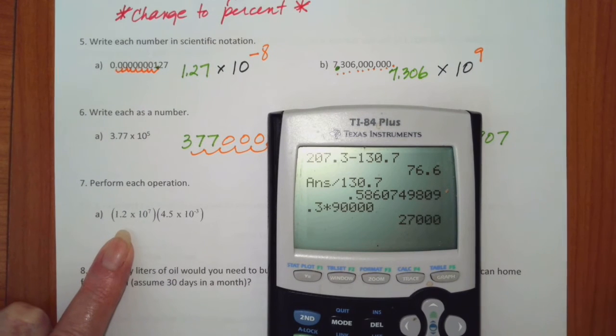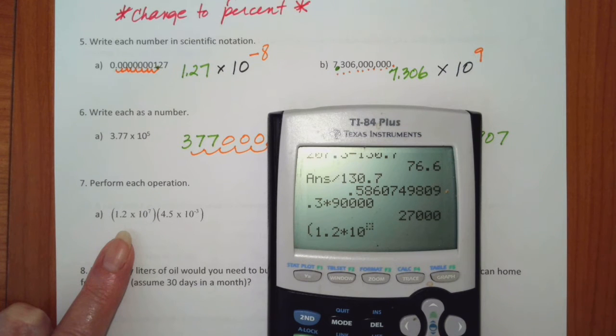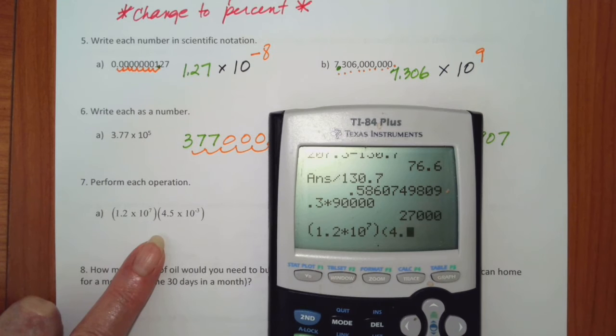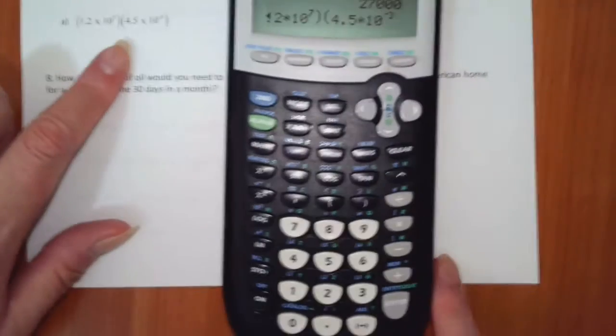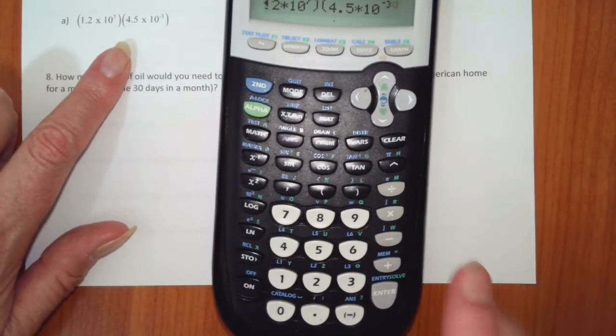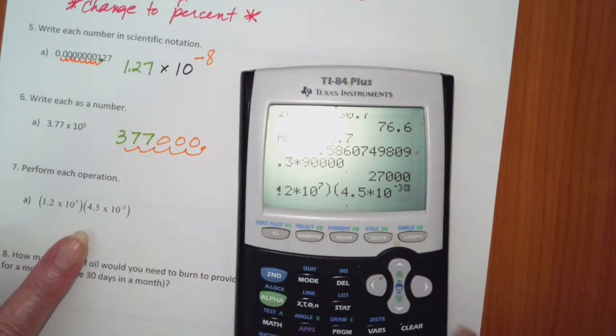And I'm going to put things in parentheses. So I have 1.2 times 10 to the 7th times 4.5 times 10 to the -3. And make sure you're using the negative sign rather than the subtraction sign.